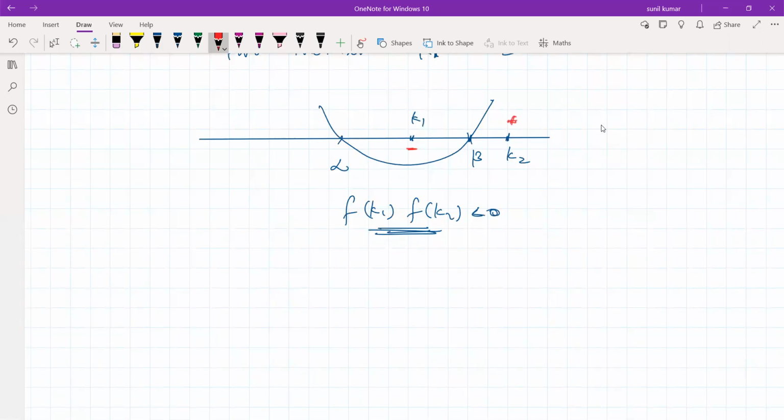Exactly one root lies between k1 and k2. Then f(k1) into f(k2) is negative. That is the concept.